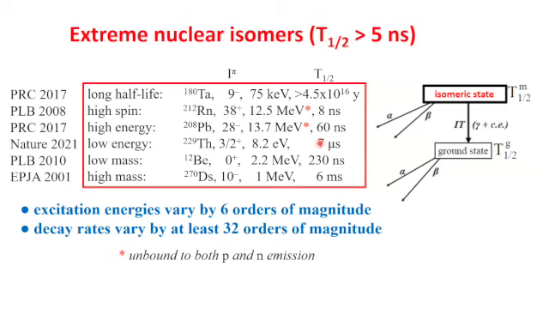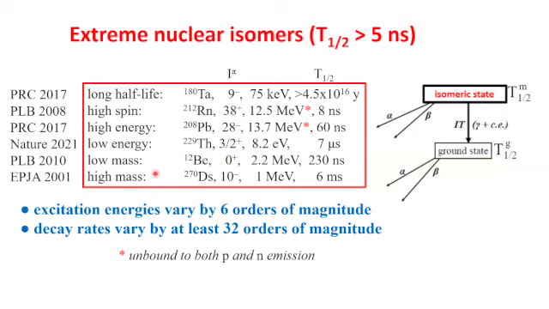But very recently, I think it's a paper on the archive at the moment, in a particular lattice, the half-life extends to 10 minutes by blocking the conversion electron emission. So this has been particularly trumpeted as a possible starting point for a nuclear clock, which would be much more accurate than an atomic clock.